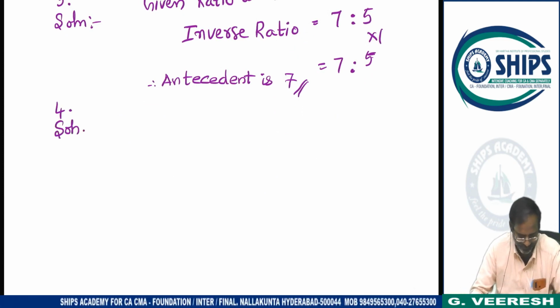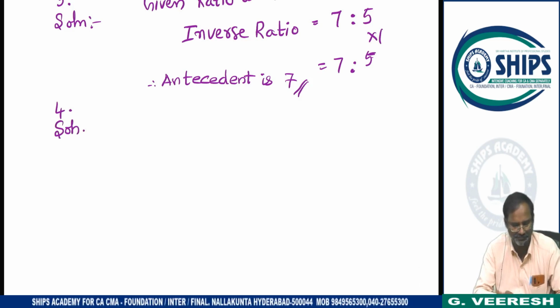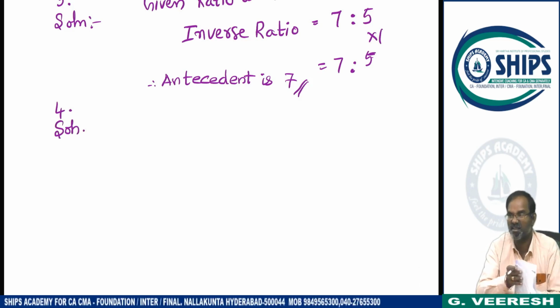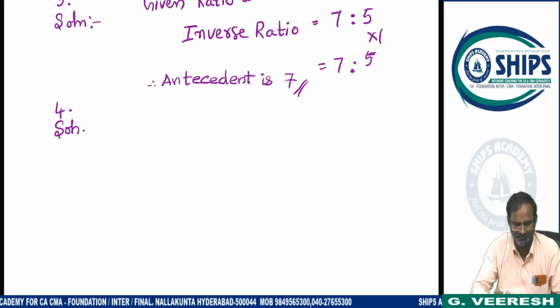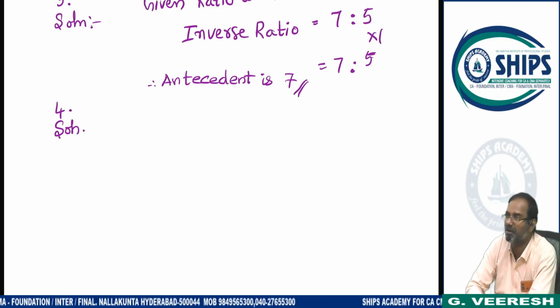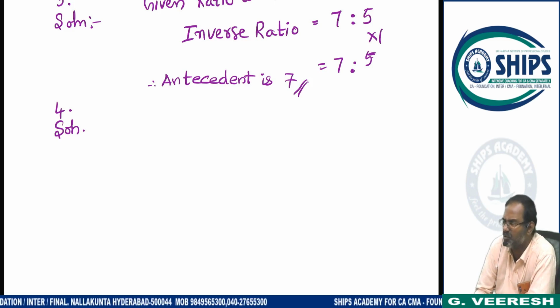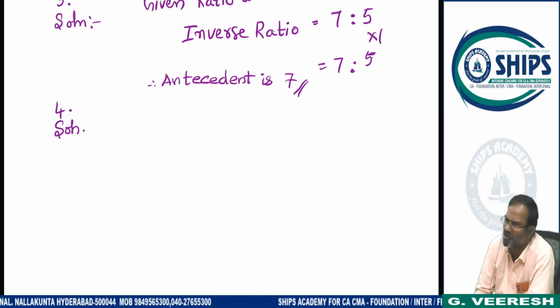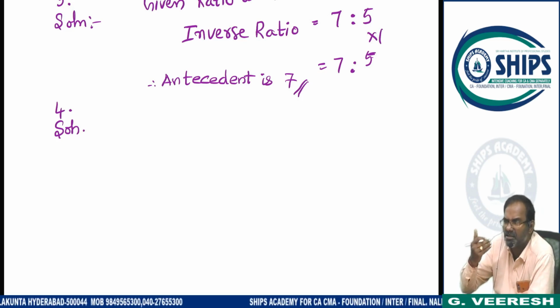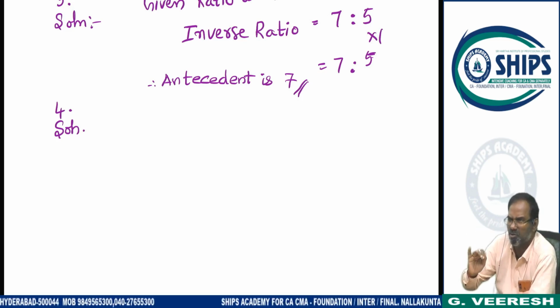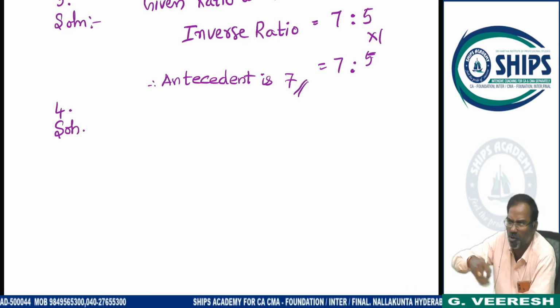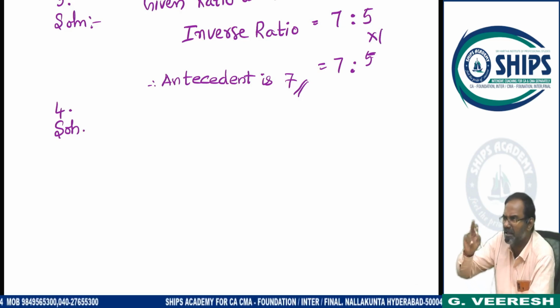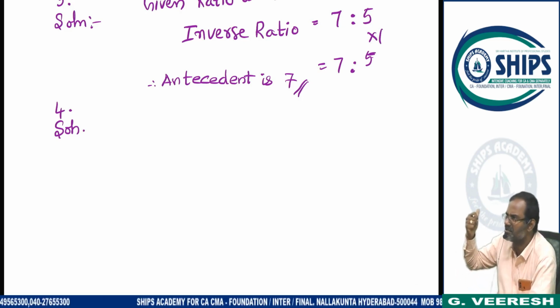Now the fourth problem. It is asking for the compounded ratio of. Compounded means we have to take the product of all antecedents and the product of all consequents. Others go on and solve. Those who have a problem, I will also solve. If there is any problem you are not getting, just see here.